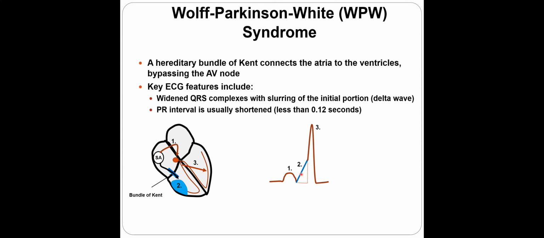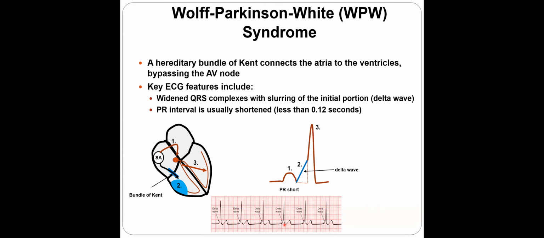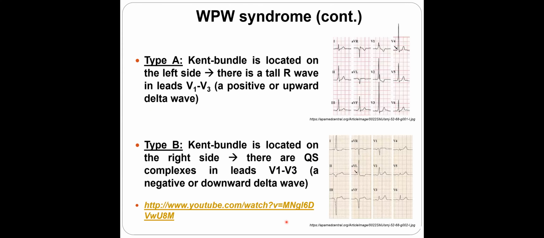Maybe you don't see it on all 12 leads, but only in the chest leads, or maybe in some AVL or AVR, and you have to consider and look at the PR interval. The PR cannot be shorter than 0.12 seconds because that's the normal duration of the P wave. This is what you will see: a little upslope, going upward, with widening of the QRS complex.